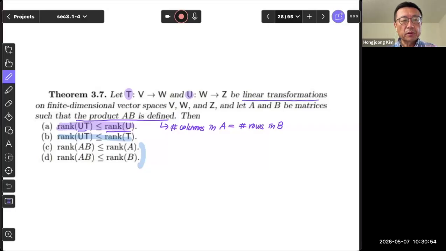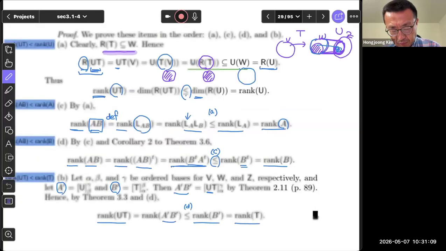Or, if you consider the composite of two linear mappings, the rank cannot be increased by the composition of two linear mappings. That is the meaning of Theorem 3.7.